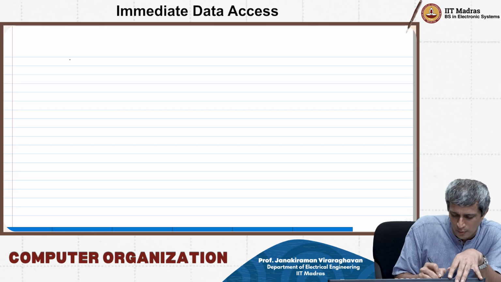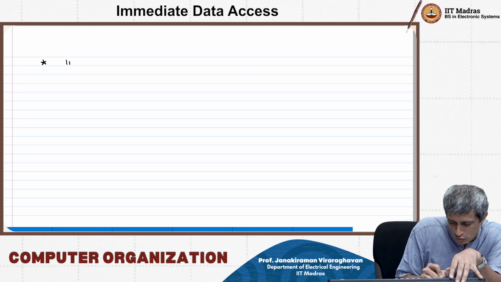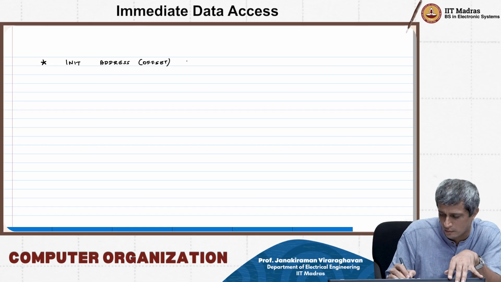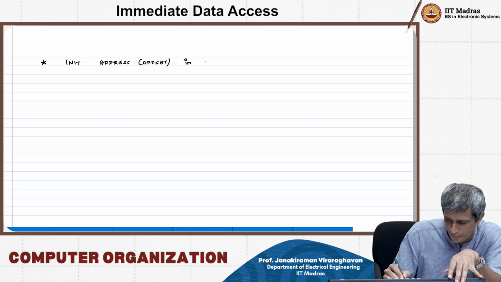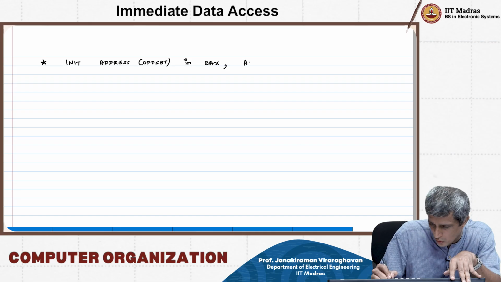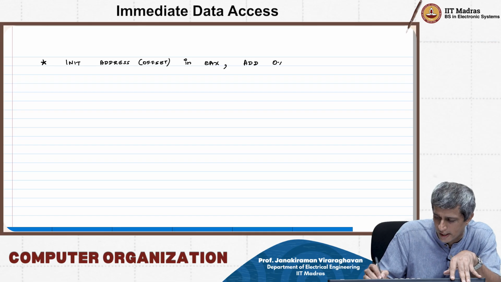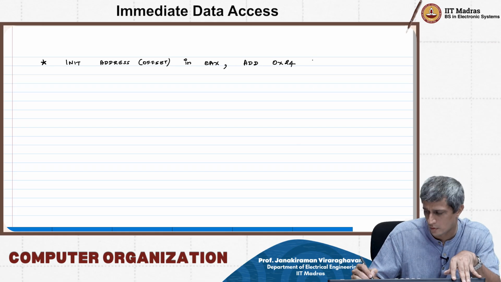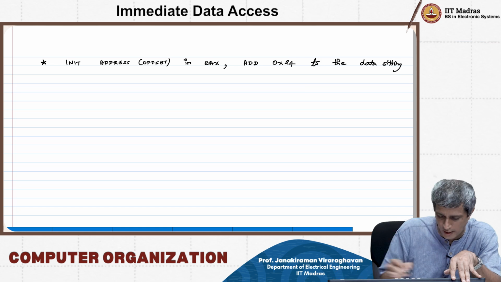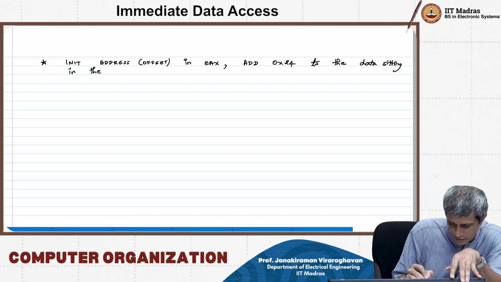Okay, so let us say the next program I want to initialize an address, and I mean an offset, in EAX, okay, and then I want to add 0x24 to the data sitting in the address.